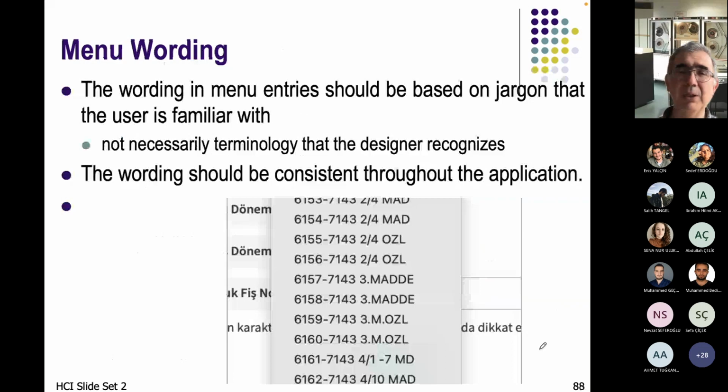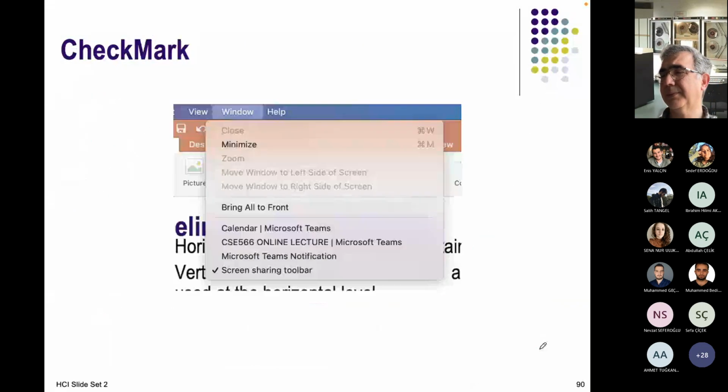I don't understand the meaning of these. This is what a checkmark is. Today's standard. In some older applications, it's a dot. Some of them are on the right, but it should be on the left.